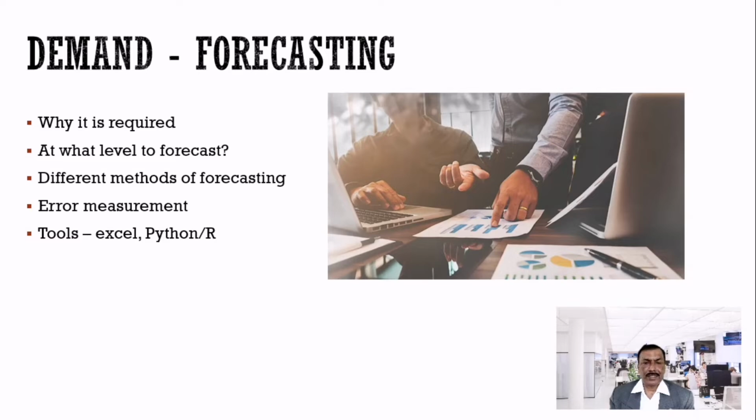You can say in the electronic products business, I am going to do 20% more next year, or 500 crores turnover next year. Or you can go to a lower level in electronic products. You can talk about laptops, and say I am going to do this quantity. So there are different levels at which forecasting is done, and each serves a different purpose.